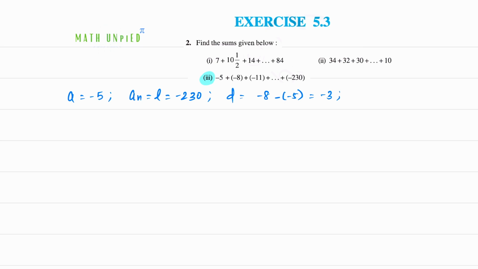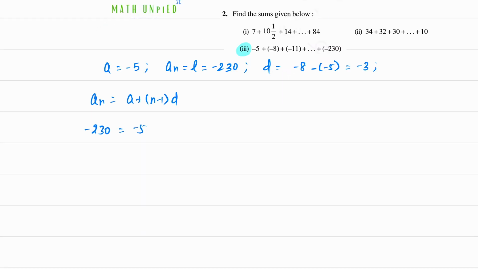And to find the sum of n terms, we need the value of n, and we are going to find that. an is given by a plus (n minus 1) times d, or negative 230 equals negative 5 plus (n minus 1) times negative 3, or negative 230 plus 5 equals (n minus 1) times negative 3.